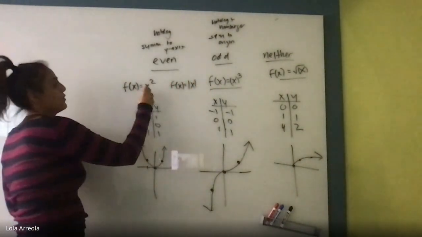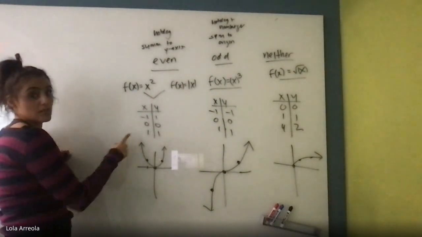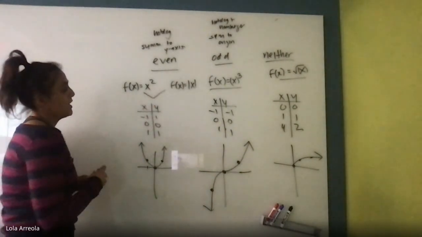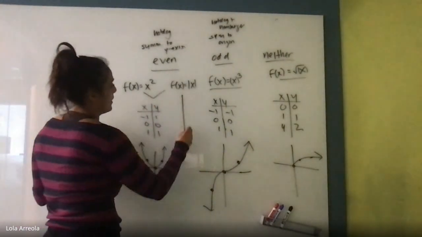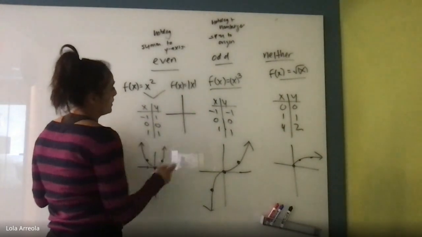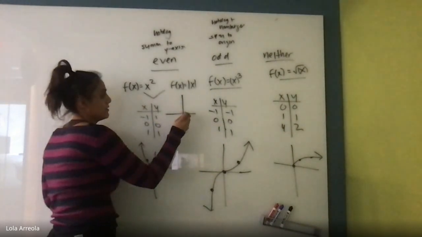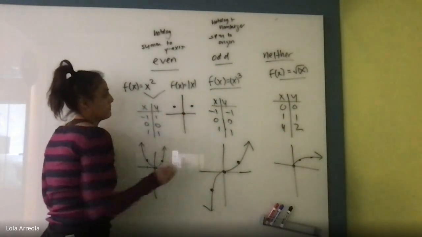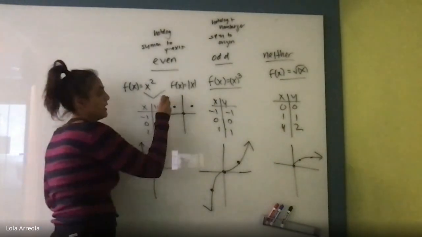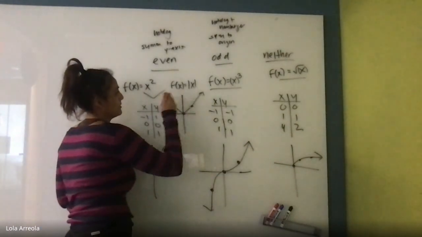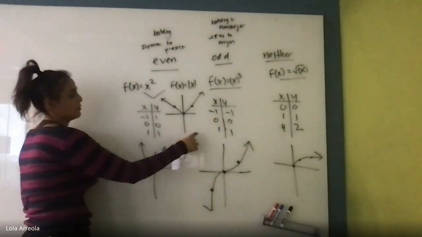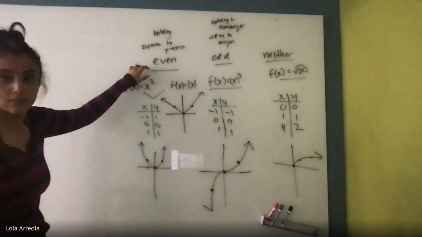The reason they both use the same points is that they're both even functions. If I were to graph this absolute value function, I have the points (-1, 1), (0, 0), and (1, 1). But instead of a U, I have a V. This is important. Notice I'm still symmetric to the y-axis. That's why this is still an even function.